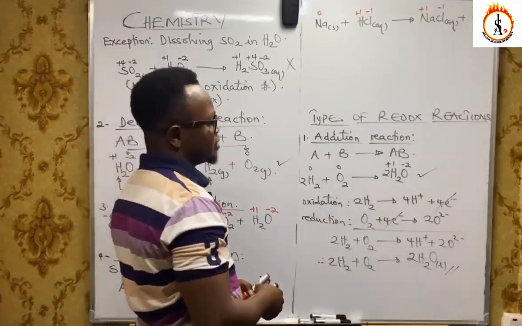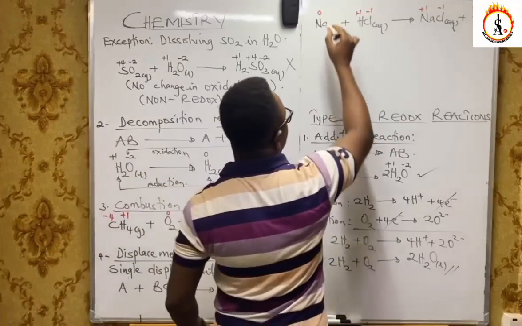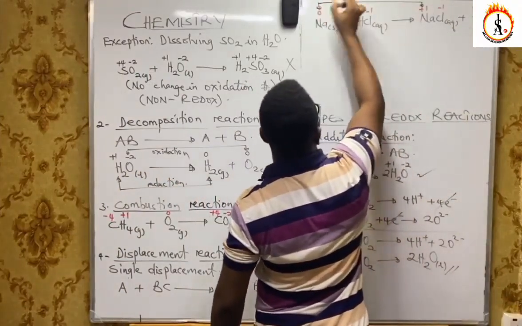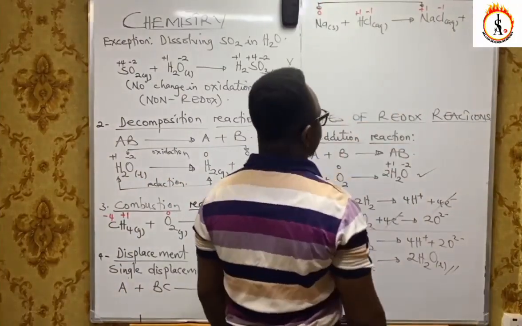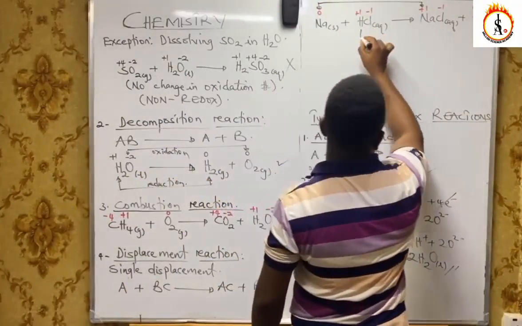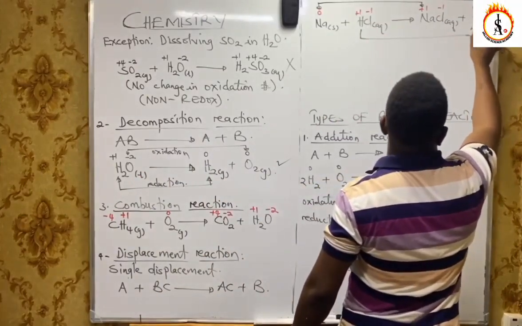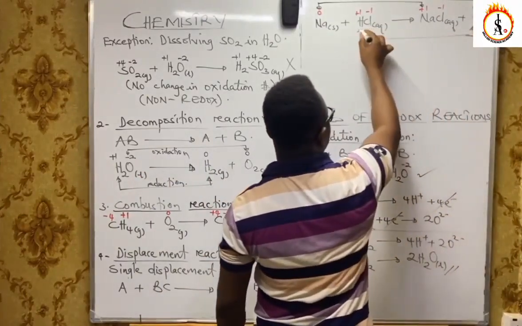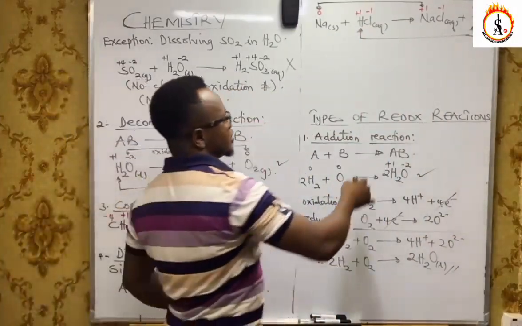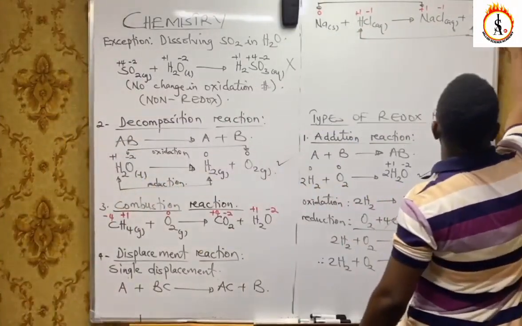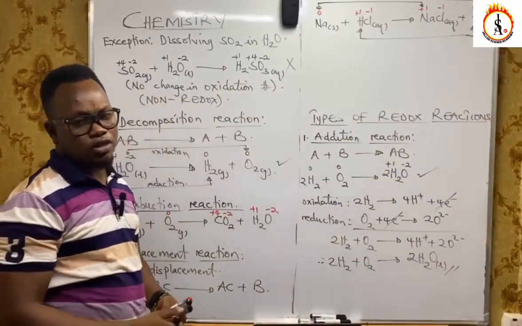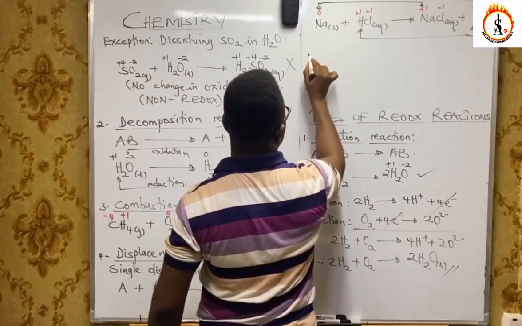So chlorine is serving as a spectator ion there. But you find out that sodium increased from 0 to +1. So that tells you oxidation is taking place, and hydrogen decreases from +1 to 0. That tells us reduction took place. So this is an example of a redox reaction. Okay. And let's look for the double displacement.